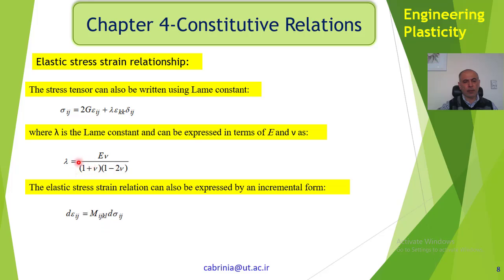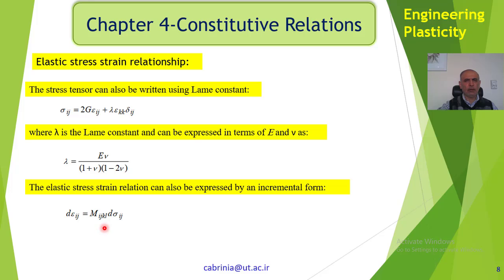Don't confuse this lambda with the lambda that we had before, and we are going to use it shortly. This is just a notation for the Lamé constant, and here again you can see we have this elastic stress-strain relationship. This is the same thing as before, just different notations.